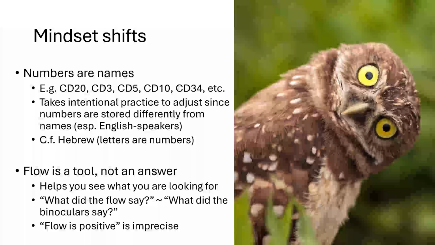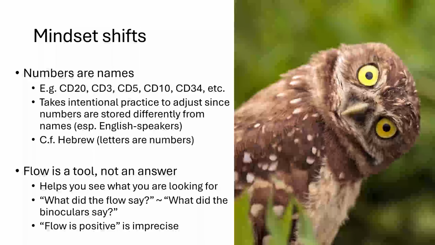Some other languages might be a little bit different, such as in Hebrew, where letters can represent numbers. However, for English speakers, it takes a bit of time to adjust so that you are more fluent in the numbers that are names.